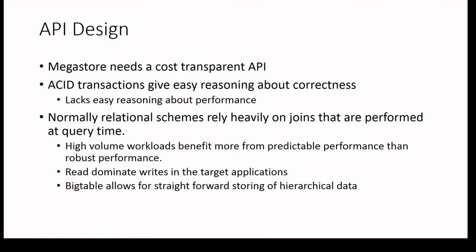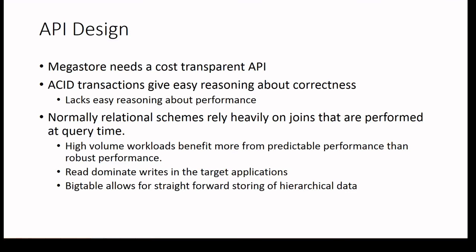This is in contrast to traditional relational databases. In traditional relational databases, you would create an SQL statement, for example. This SQL statement is very easy to reason out the correctness of. Does this query do what you want it to do? But it's very difficult to figure out how long it will take the database to perform it.